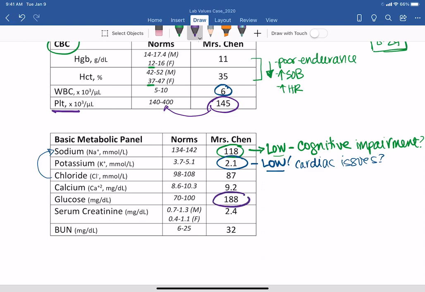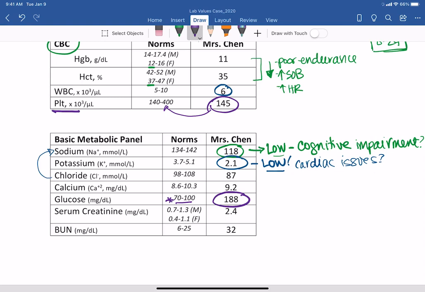Glucose is 188 mg per deciliter. Normal glucose is 70 to 100. This is pretty high, but I will keep in mind that the norm that might be on this chart could be lower than what is appropriate for this patient. She's under a bit of stress. She's in the hospital. She's getting meds and tests.